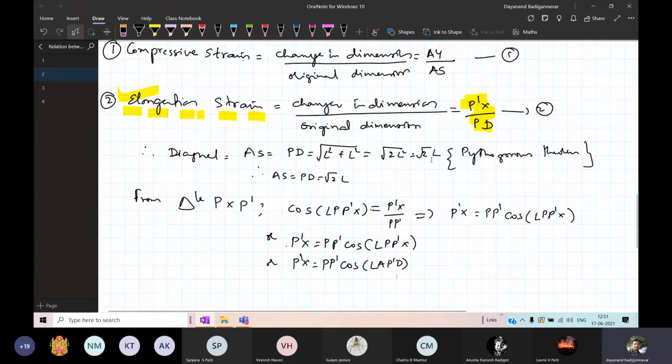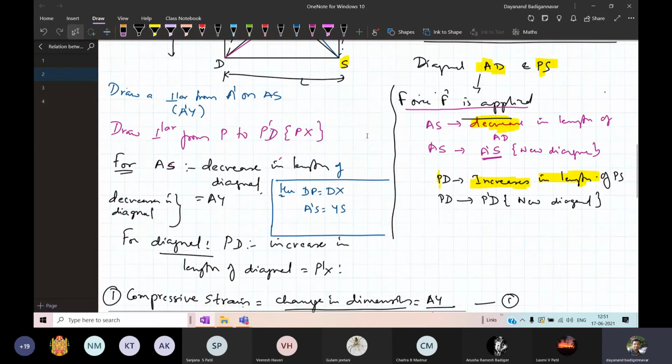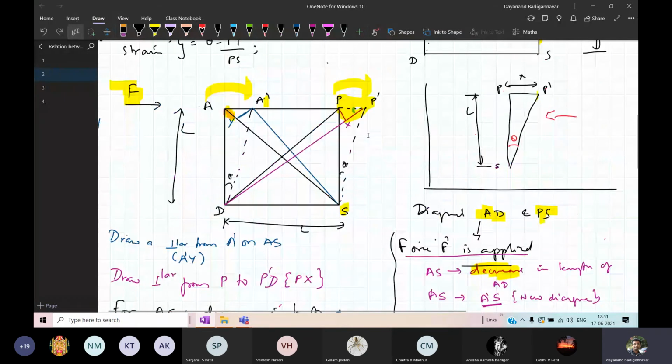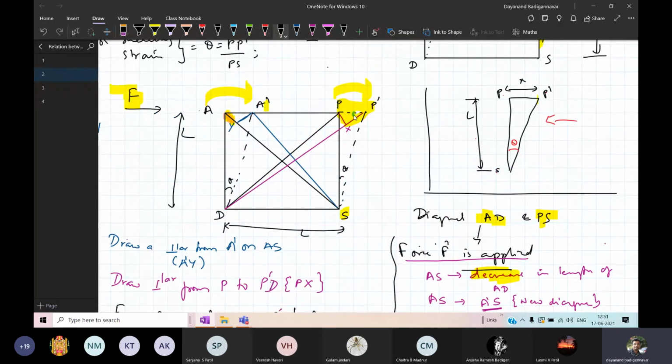What is AP'D? Look here. This angle, the one which I have marked in green color, is a common angle, P'X, or it is the same as AP'D. You are getting the point.